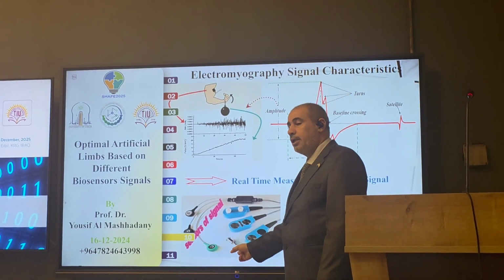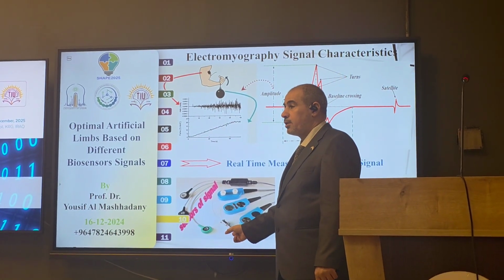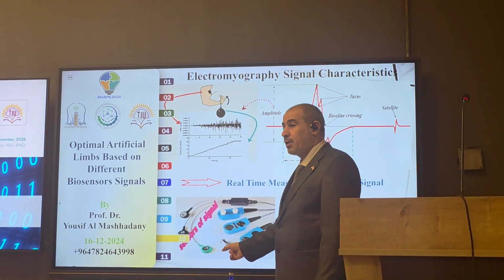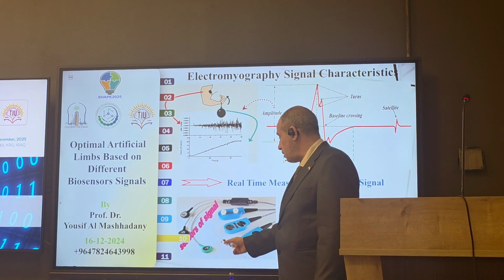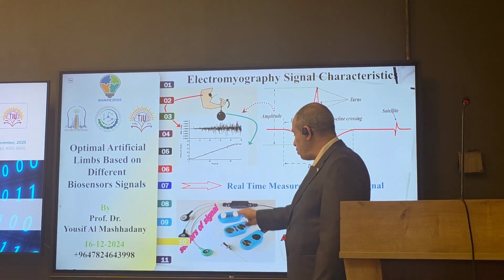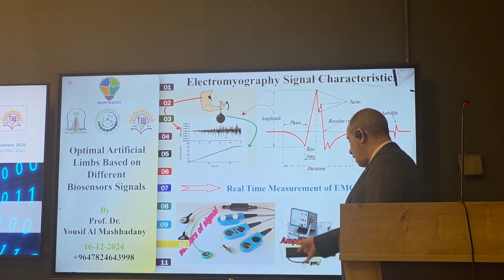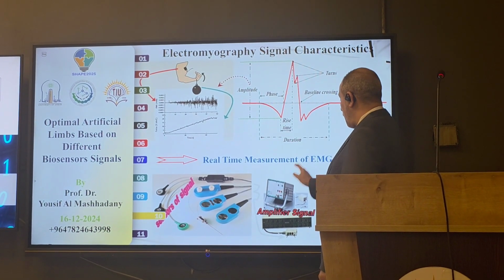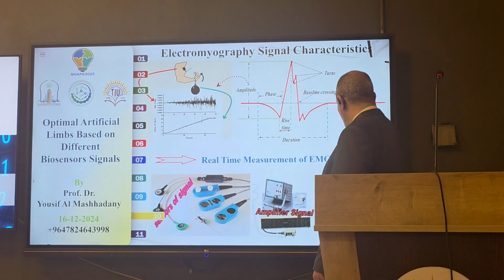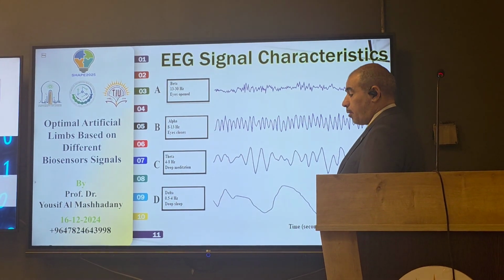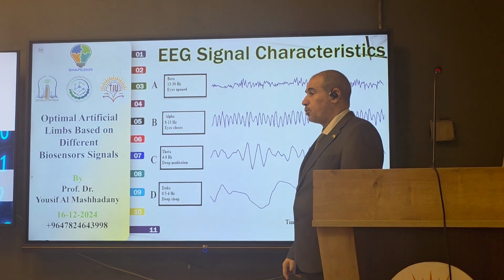Now, needle just used for classification and detection for the muscles, disease muscles. But in artificial limbs, use just surface. This amplifies signal, and after amplification and filtering will transfer to software to apply the process in electromyography signal.